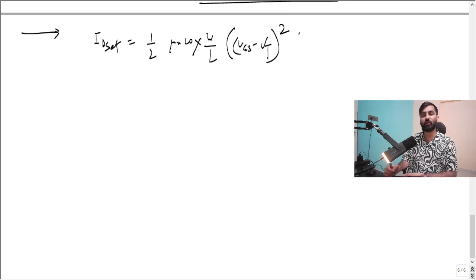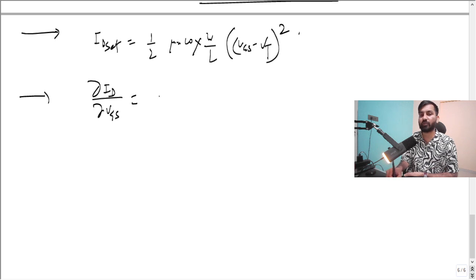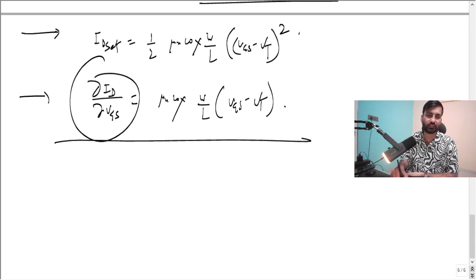Now what we can do here is differentiate this with respect to VGS, so this 2 will come down. So it becomes μn Cox W by L (VGS minus VT). That's it. And this is nothing but the gm of the transistor.